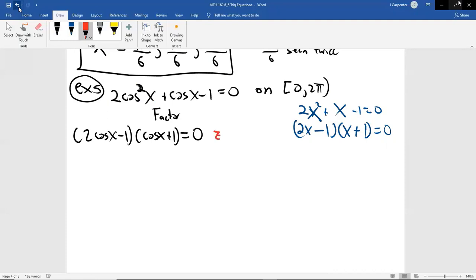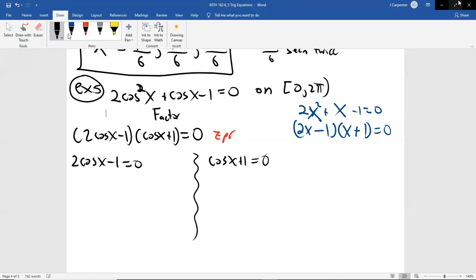All right, zero product rule this bad boy, or bad girl, whichever. So we get 2 cosine of x minus 1 equals 0, or we get cosine of x plus 1 equals 0.